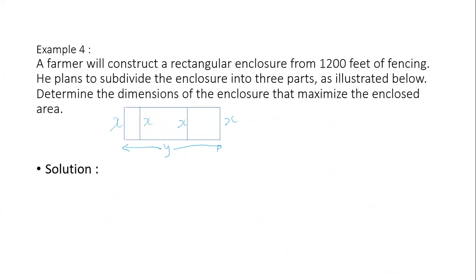A farmer will construct a rectangular enclosure from 1200 feet of fencing. He plans to subdivide the enclosure into 3 parts as illustrated below. Determine the dimensions of the enclosure that maximize the enclosed area.